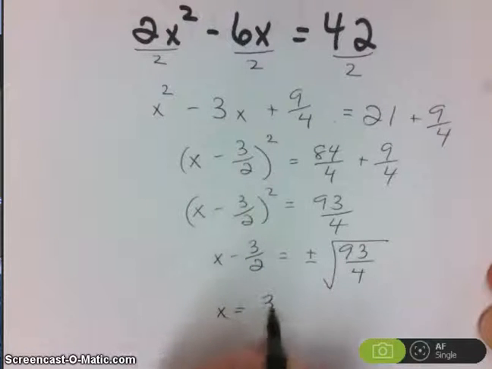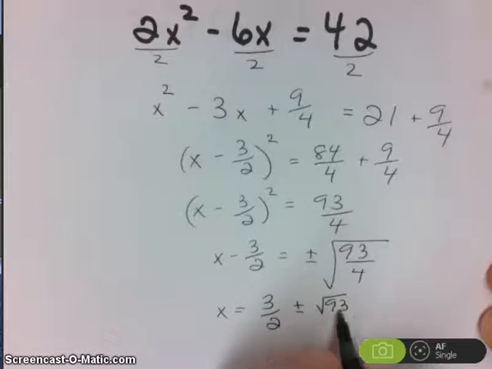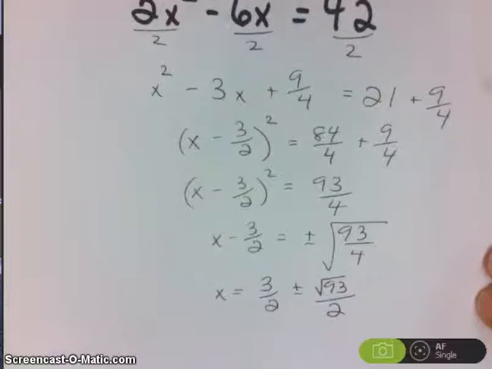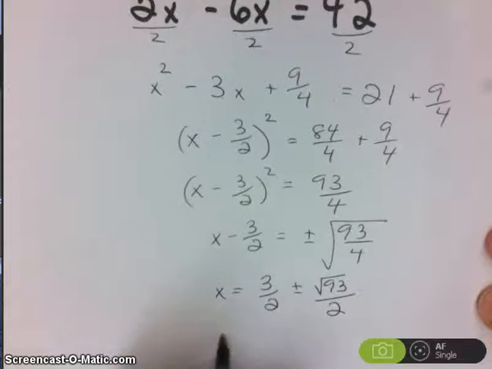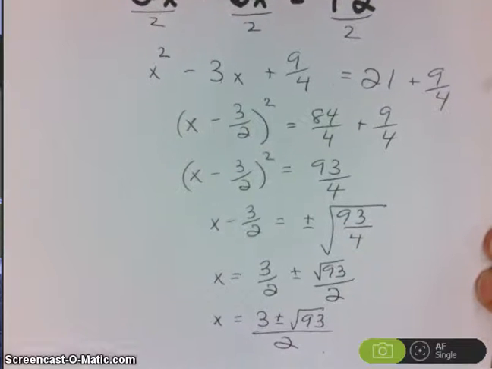So now we have x is equal to 3 halves plus or minus the square root of 93 over 2. Did all of that in one fell swoop. Very nice. And so now I have x is equal to 3 plus or minus the square root of 93 all over 2, because we were given that beautiful common denominator.